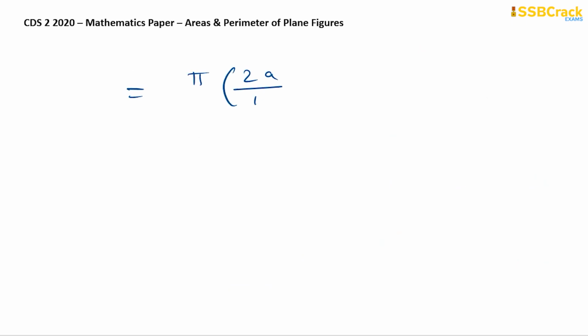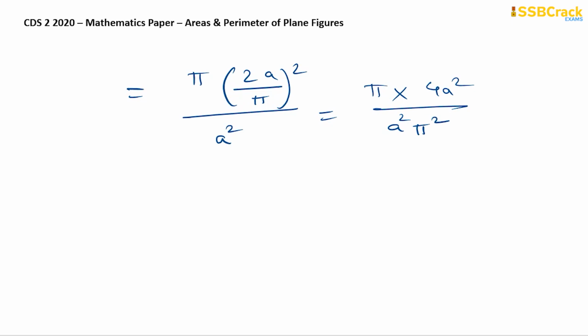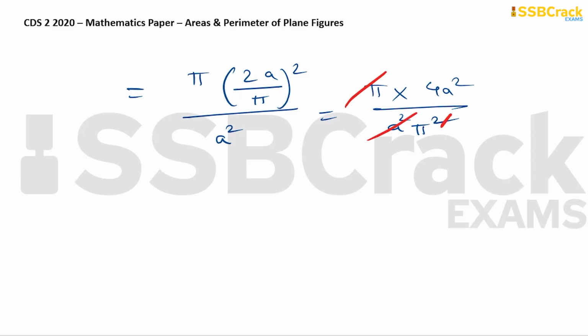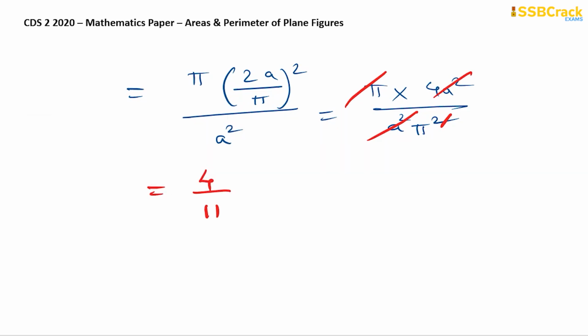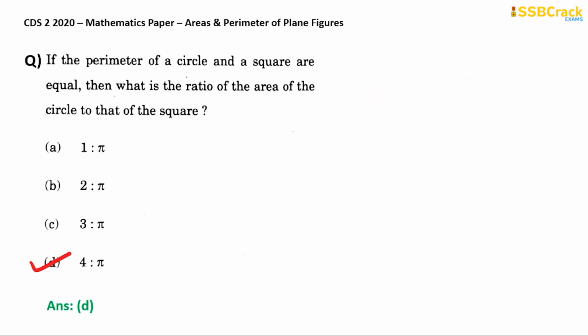It's 2a by pi, the whole square, upon a square. Simplify. So it's pi into 4a square upon a square into pi square. On simplification, one pi cancels, a square cancels, to get the ratio 4:pi. And hence the correct key for this particular question was option D.